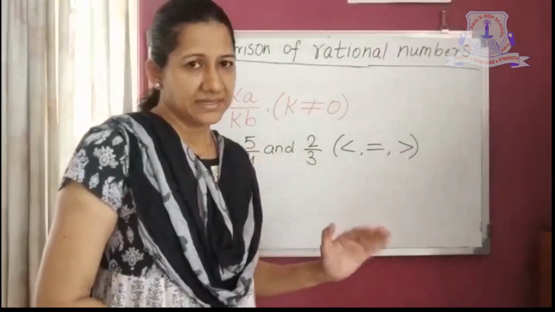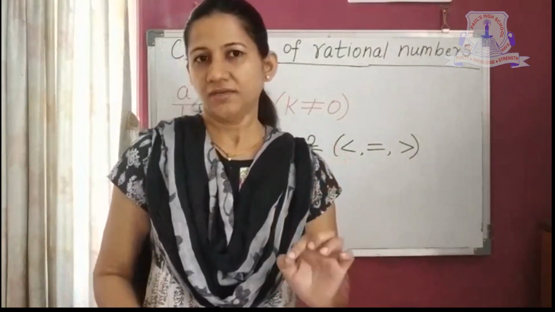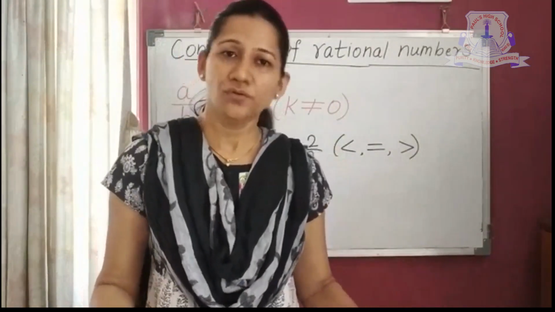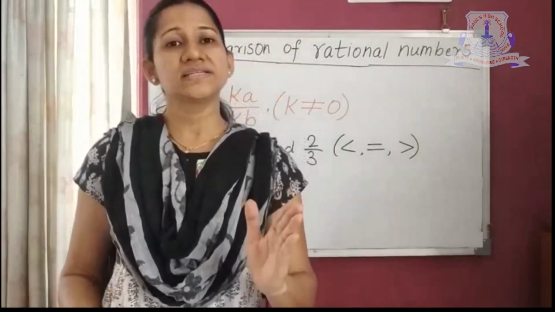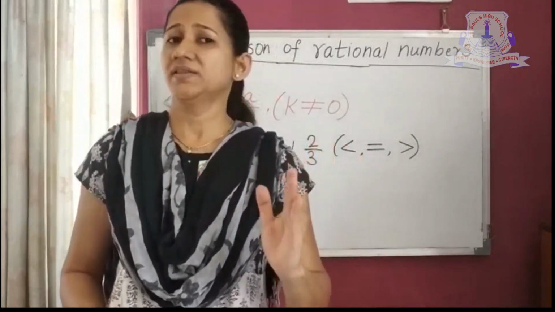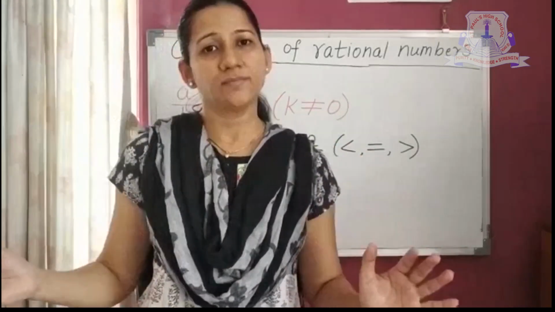Is that clear? And then next, how do we compare negative and positive fractions? On a number line, all the numbers written towards the left are negative numbers, and those towards the right are positive numbers.